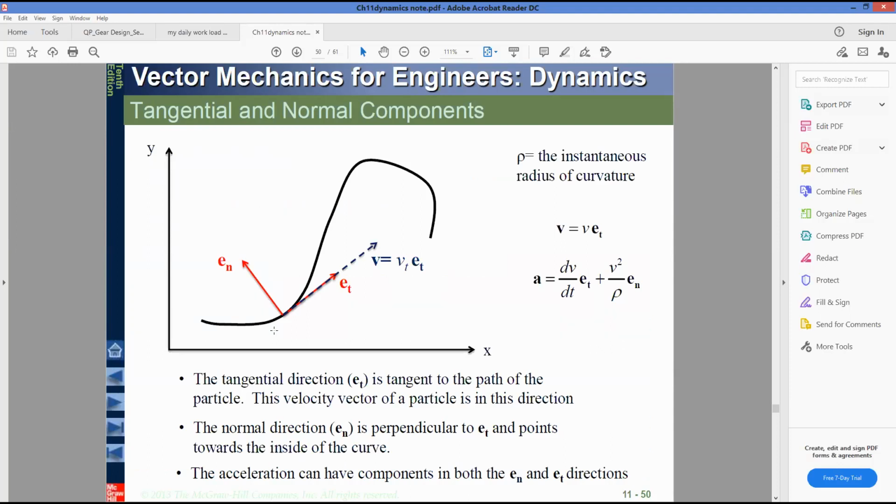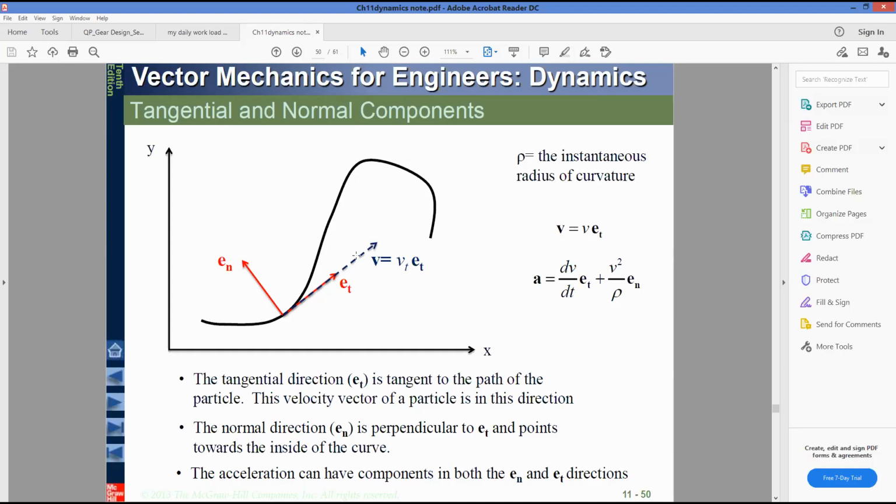In the tangential component, you can see in this figure that if a particle has a certain velocity and it moves through this path, then the tangent of that path at any point, at this point, this point, here, any place, will always give you the velocity of that particle.